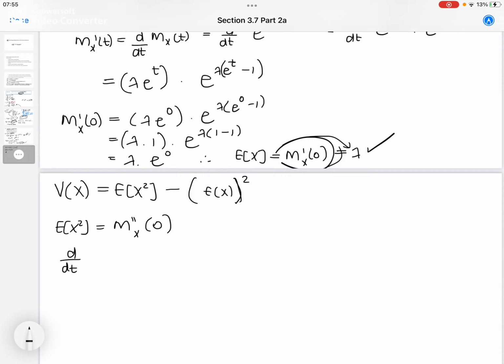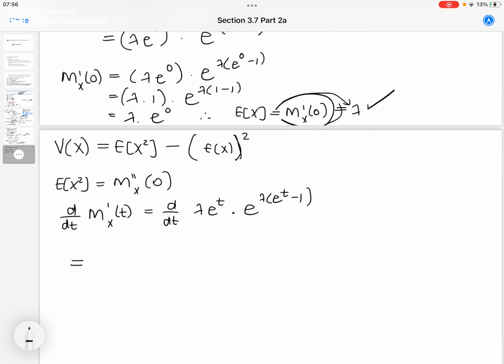So we will be deriving again the first derived function. So we're deriving for the second time: lambda times e to the power t times e to the power lambda (e to the power t minus 1).